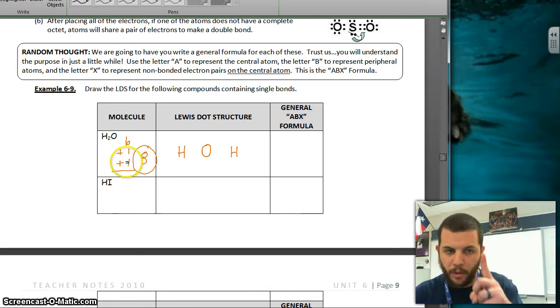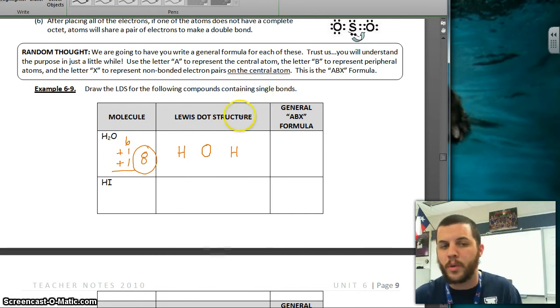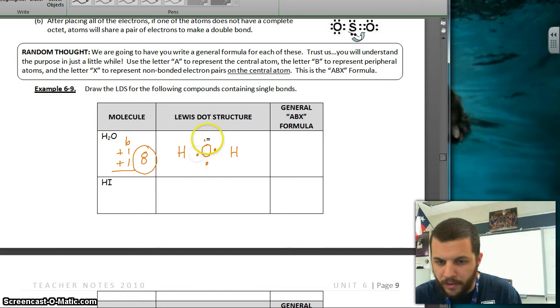Because I read all the stuff up above, I know the next thing I need to do is satisfy my central atom. So I'm going to satisfy oxygen by giving him 1, 2, 3, 4, 5, 6, 7, 8. I know that oxygen is now happy because he has 8 electrons around him.